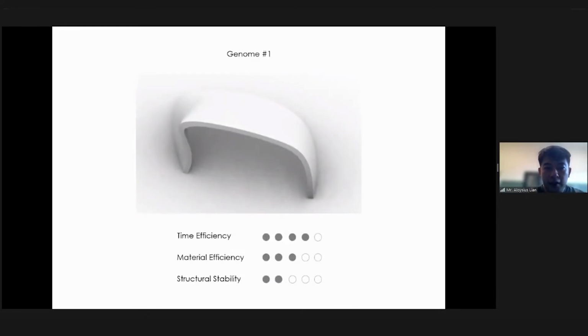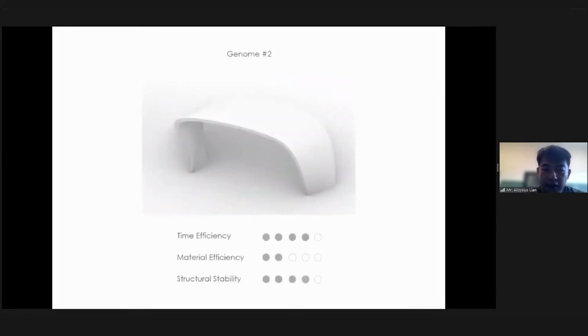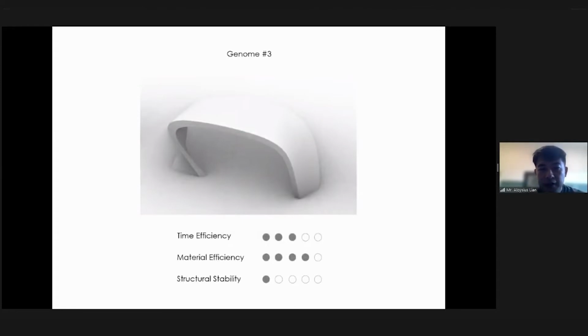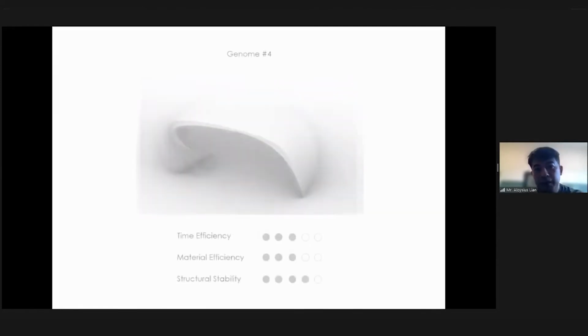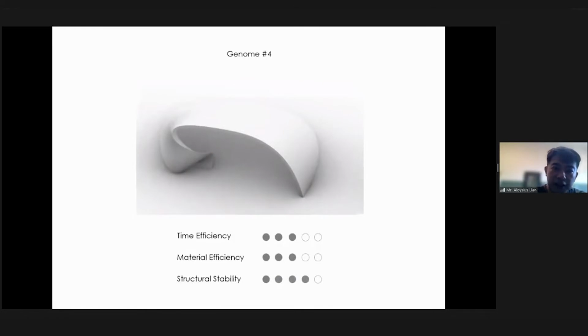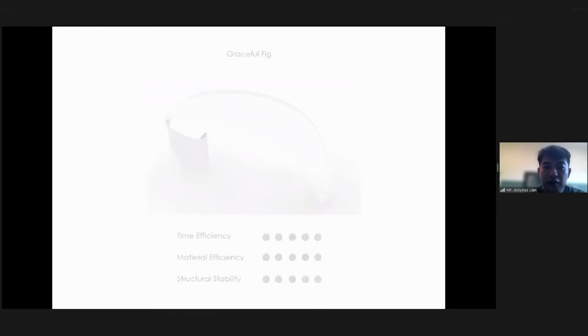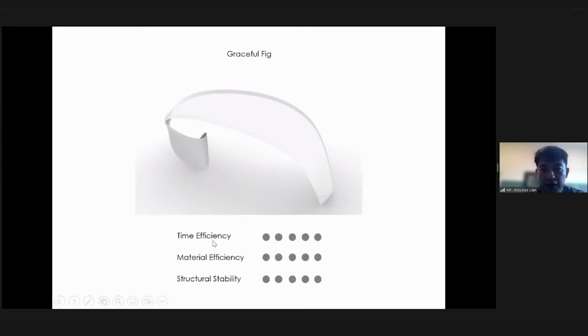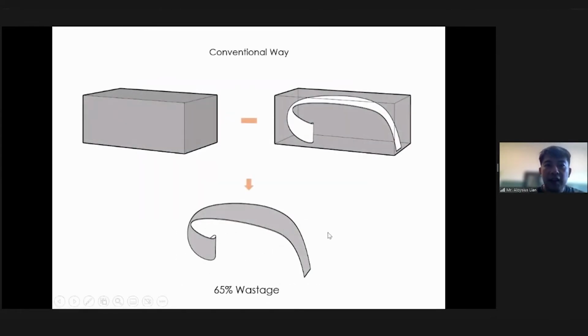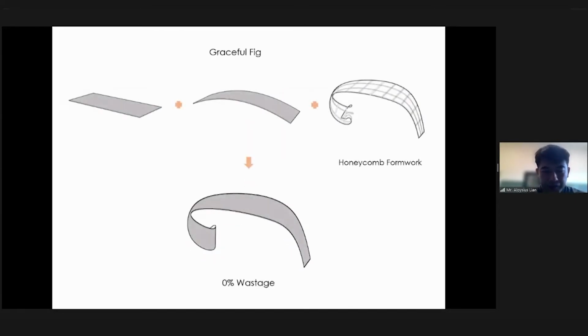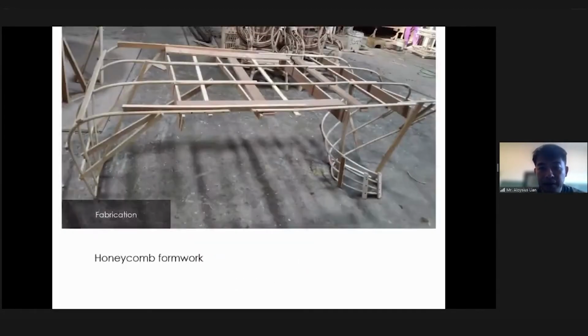In order to make this design process less prescriptive, we came up with this little script that has 3 determining factors: how fast you can build this furniture, the material efficiency, as well as the structural stability. All those that you saw over there are generations of it, created by the computer algorithm.